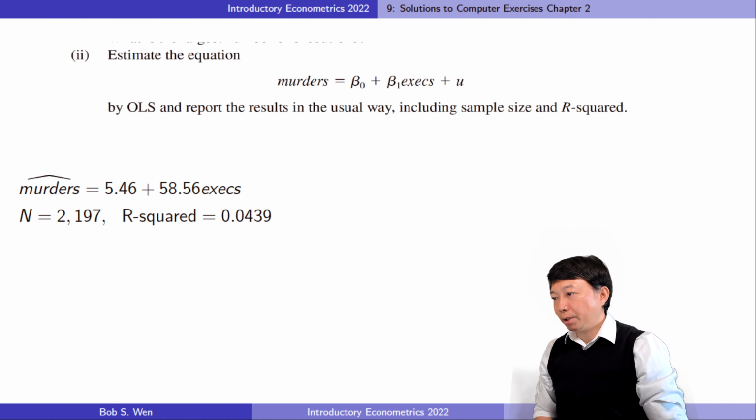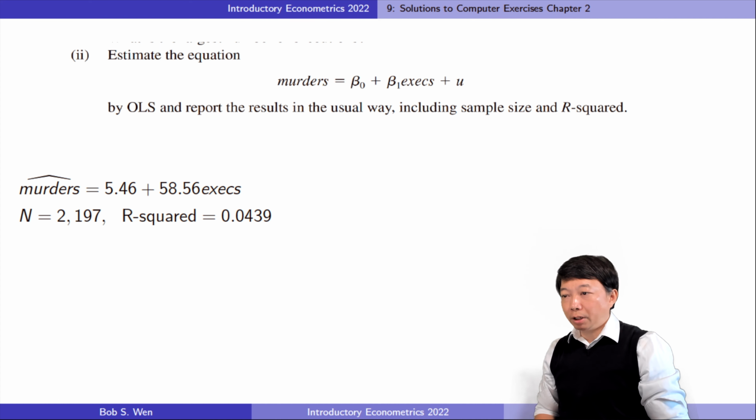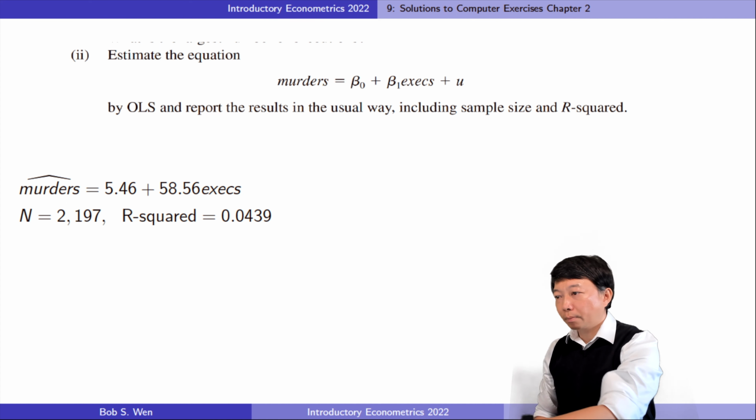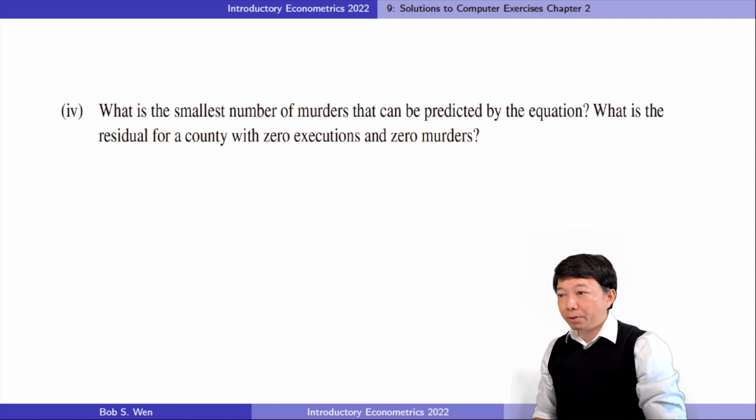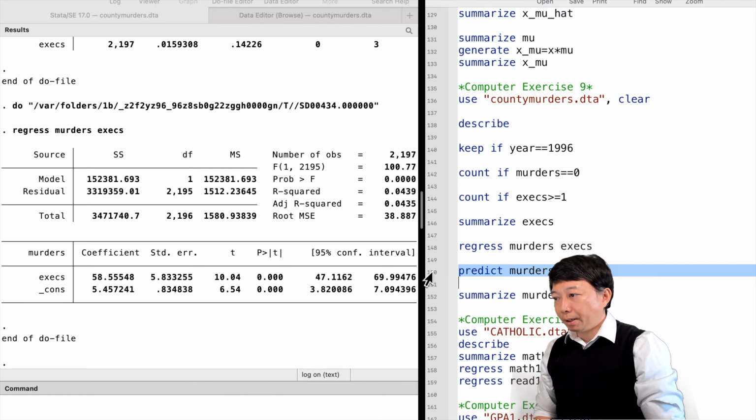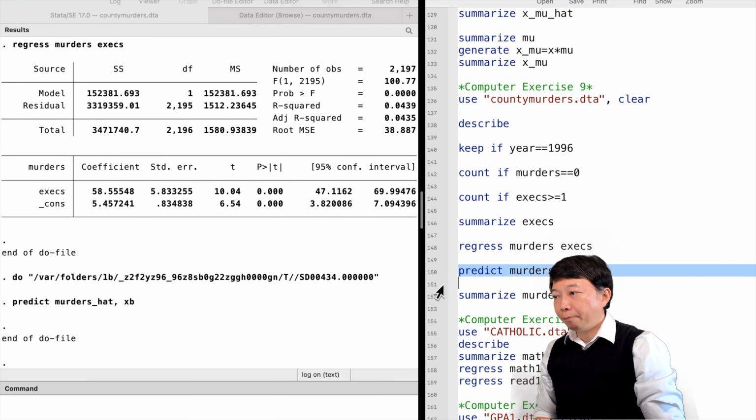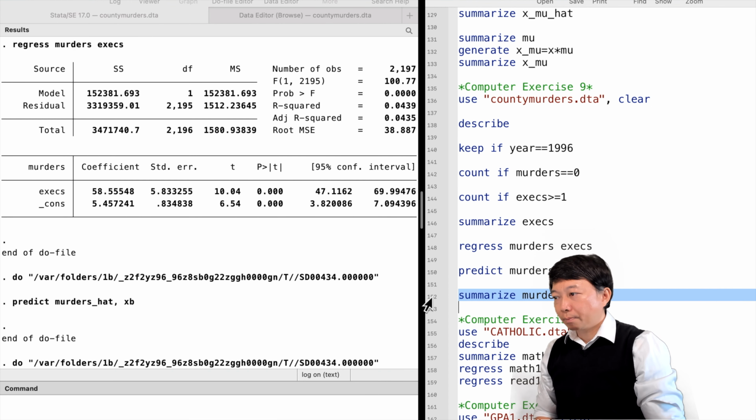One more execution is associated with about 59 more murders. The positive sign does not suggest a deterrent effect of capital punishment. The smallest number of murders that can be predicted by the equation is 5.46.